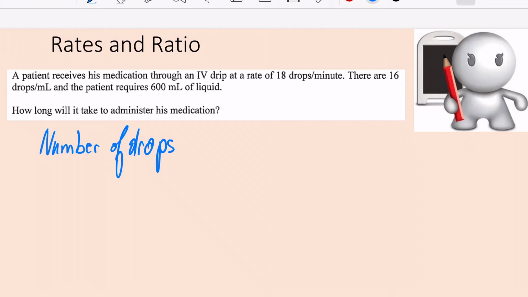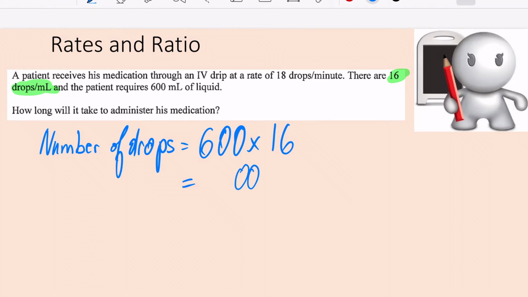There are 16 drops in each milliliter, so if the patient is receiving 600 milliliters, that's going to be 600 lots of 16, and that gives us 9,600 drops.